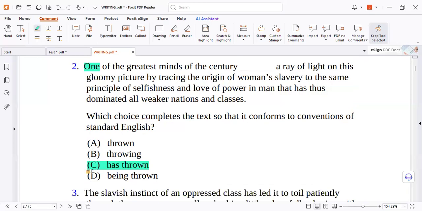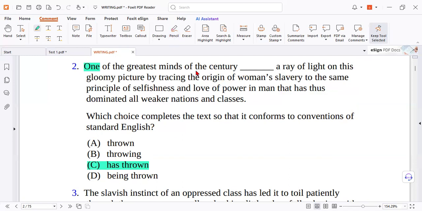So in the test, if you find the three phrases, delete all of them and choose a verb if you are confused. But check the meaning, because we delete the phrases to find the subject and verb. If I delete the phrases, I will not find the verb, so it will be a fragment, so the phrase is wrong.